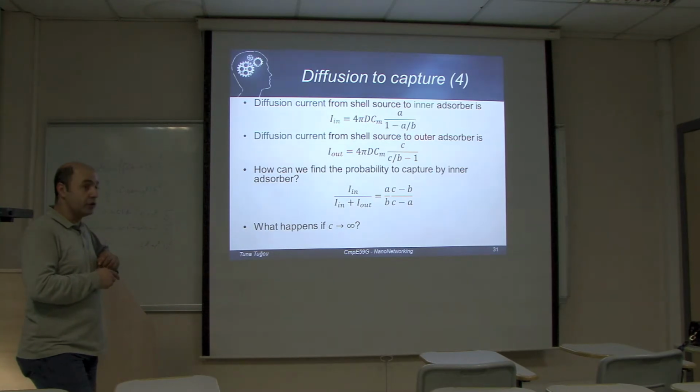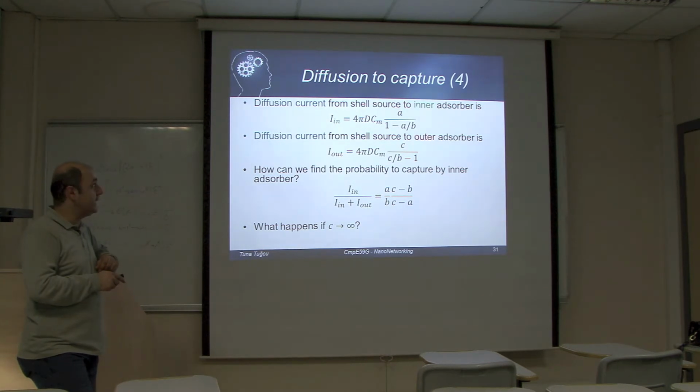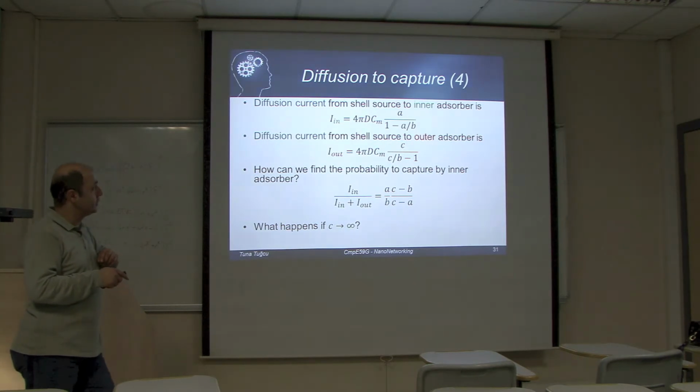So we can now talk about the diffusion current. The diffusion current from the shell source, which is the shell with radius B, to the inner adsorber, the one with radius A, is the inward current, which is this value. Now, how did I get this one?